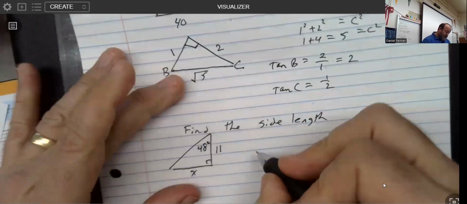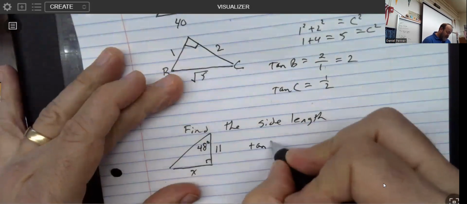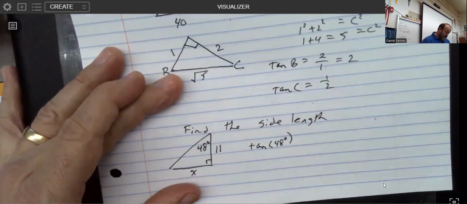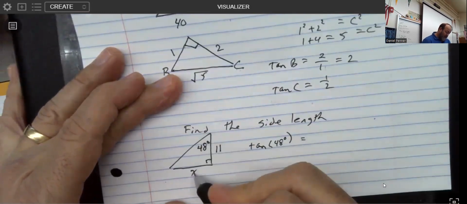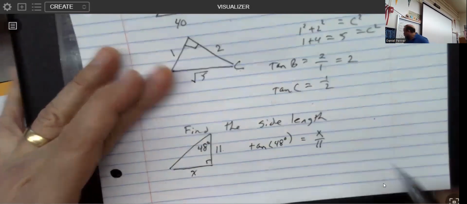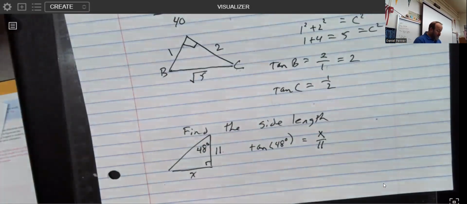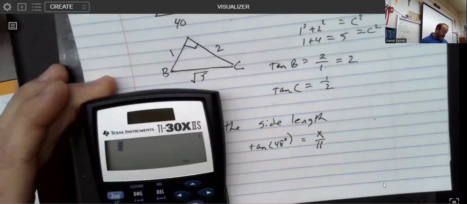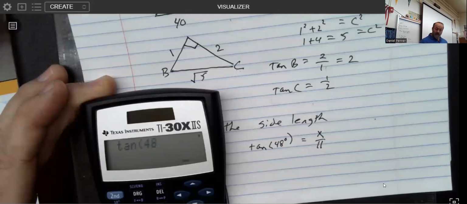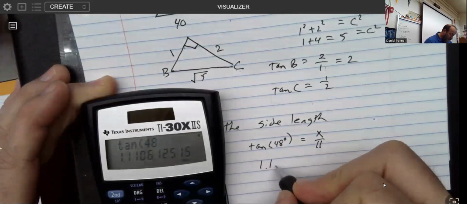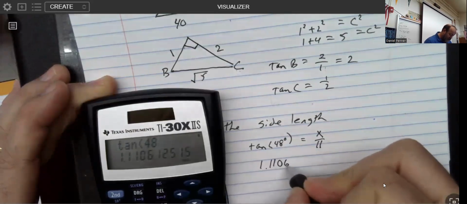Well, our definition says that the tangent of an angle, 48 degrees, is defined as the opposite, which is the faraway one, x, divided by the adjacent one, which is 11. Gonna grab a calculator real quick. But the nice thing is our calculators have all these values programmed in. So my calculator happens to know that the ratio attached to a 48-degree triangle will always be 1.1106.